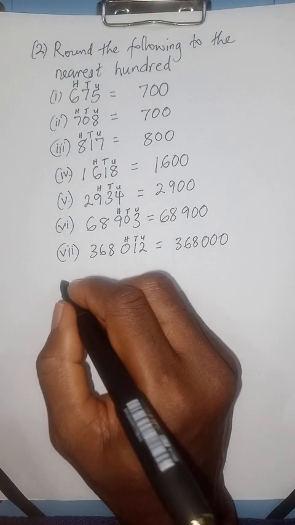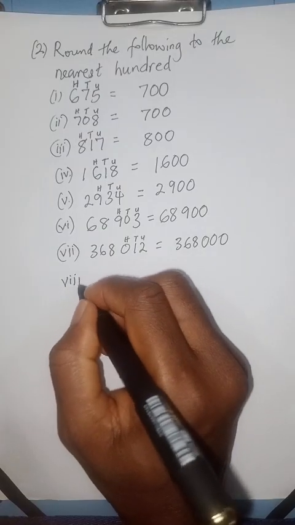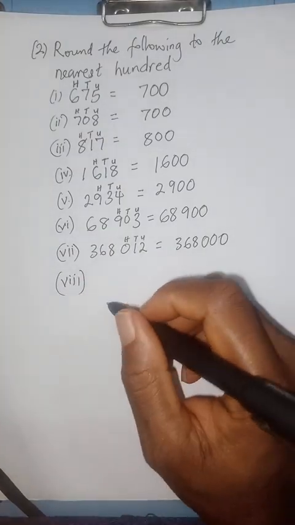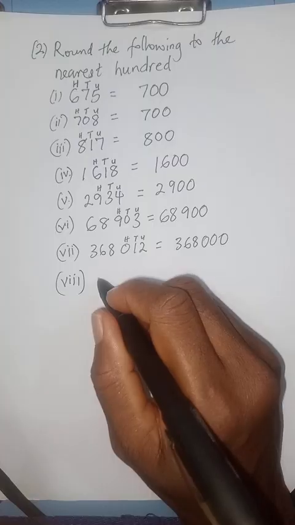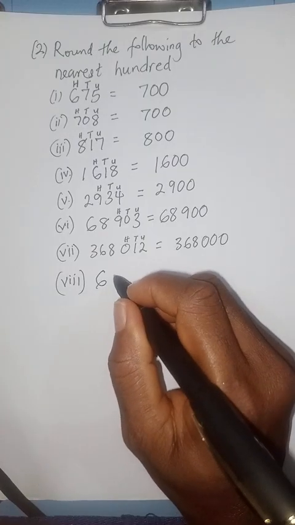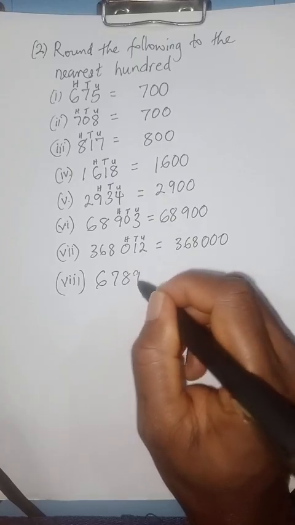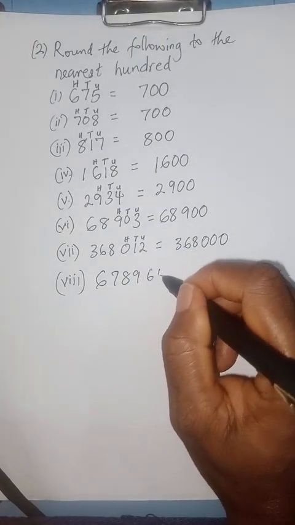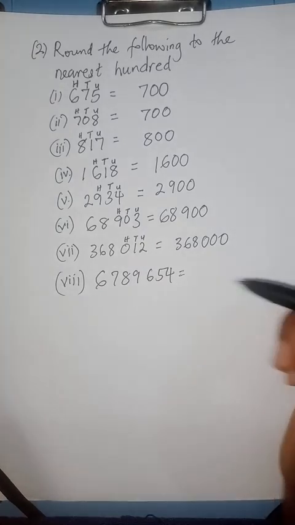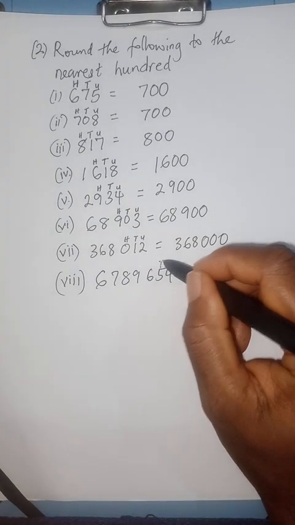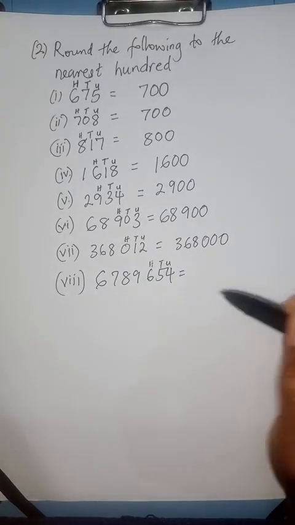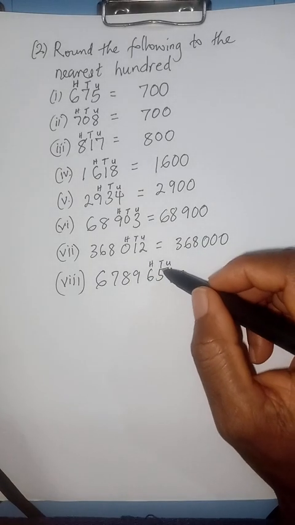Let's increase this now. Let's see if we can get for Roman figure 8. Let's assume I have 6,789,654. This is my unit, my tens, and my hundred. So the focus is on the tens and the hundred.